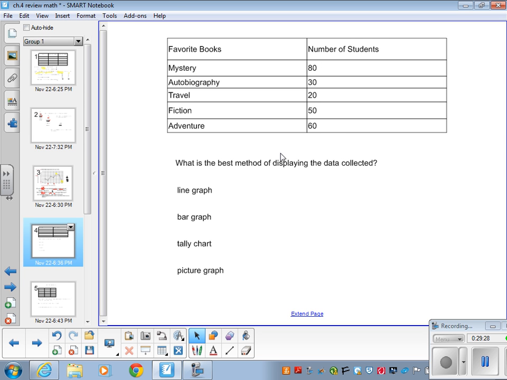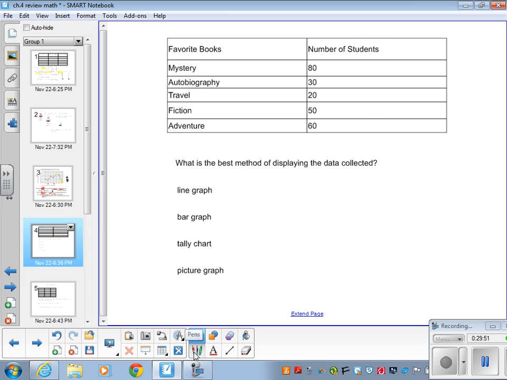In order to answer this question, I need to understand when we use line graphs, bar graphs, tally charts, and picture charts. I remember that in Chapter 4, we talked mostly about line graphs, bar graphs, and picture graphs. And I remember tally charts, we used a tally chart to make a graph.